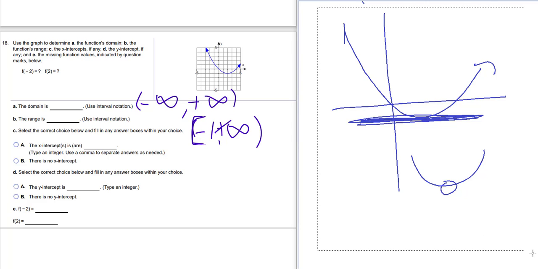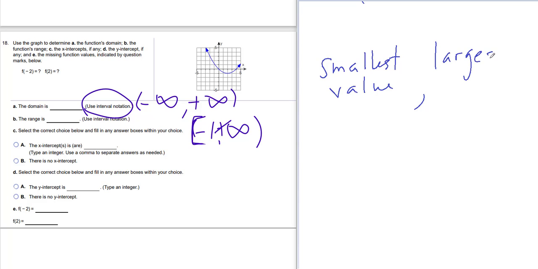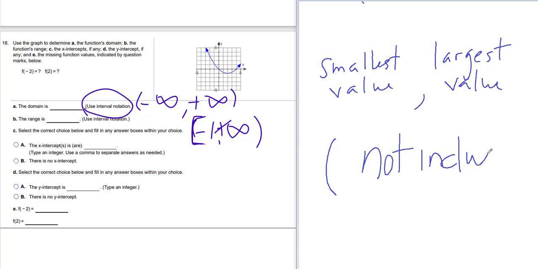Now, let me pause briefly to talk a little bit about interval notation, because this notation that they're calling interval notation works like this. Smallest value on the graph, comma, largest value on the graph, parentheses if it's not included, bracket if it's included.